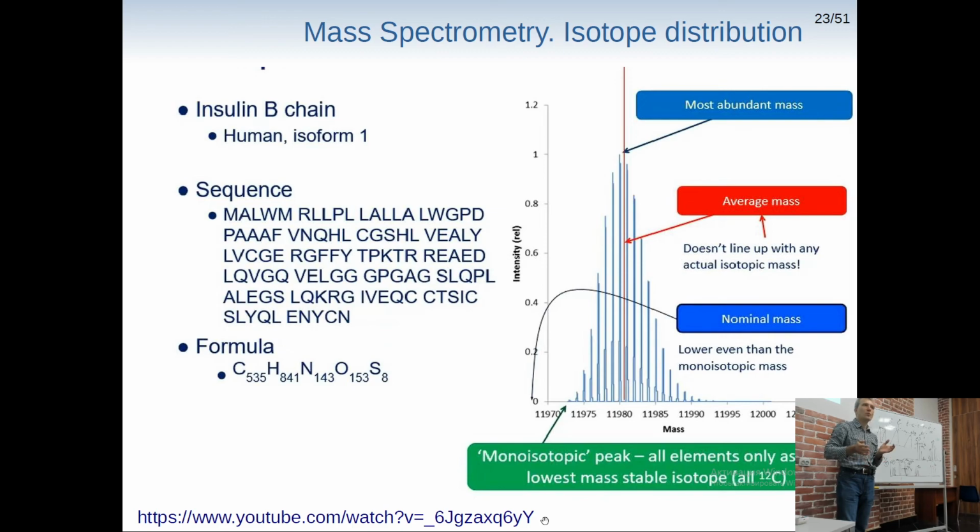Do you know what nominal mass is? For instance, if you have some element, let's say oxygen, does it have just some number of Dalton, or is it some number dot something? Number dot something. Why this dot something?